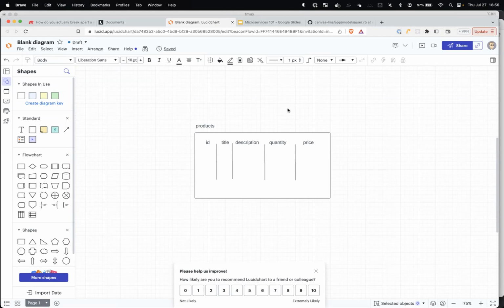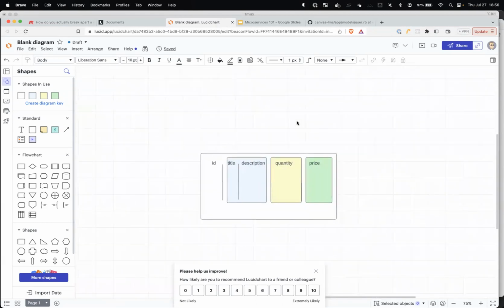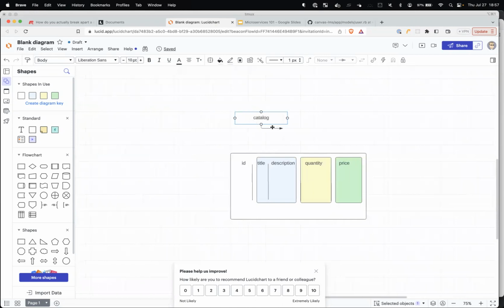I can't think of one. So if you were to take their training, they would say, we actually have 3 separate domains in there. We can lump title and description together. That makes sense. You want to make sure you're describing the right thing. That's like the catalog domain or something. Listing out what are all of the products that you have.